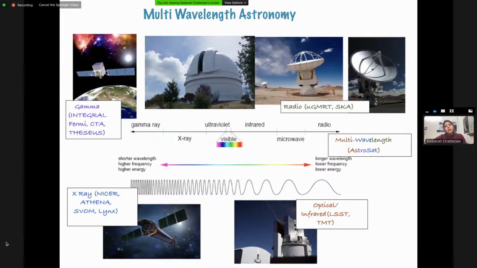What is interesting about pulsars is that not only at radio frequencies, pulsars can be observed throughout the electromagnetic spectrum. You must have heard about observations at radio frequencies, like those we are expecting from the upgraded GMRT and SKA and so on.